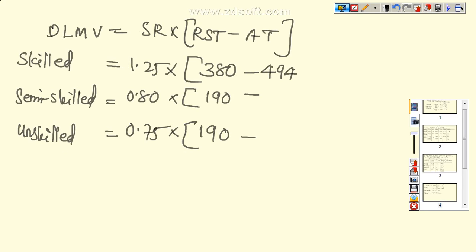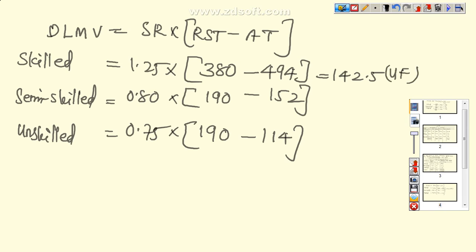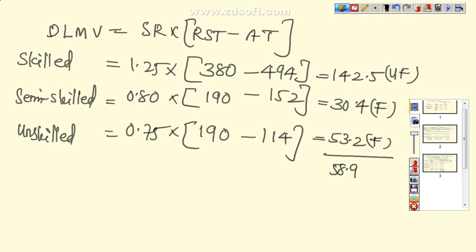That is equal to 142.5 unfavorable, 30.4 favorable, and 53.2 favorable. The final answer is 58.9 unfavorable.